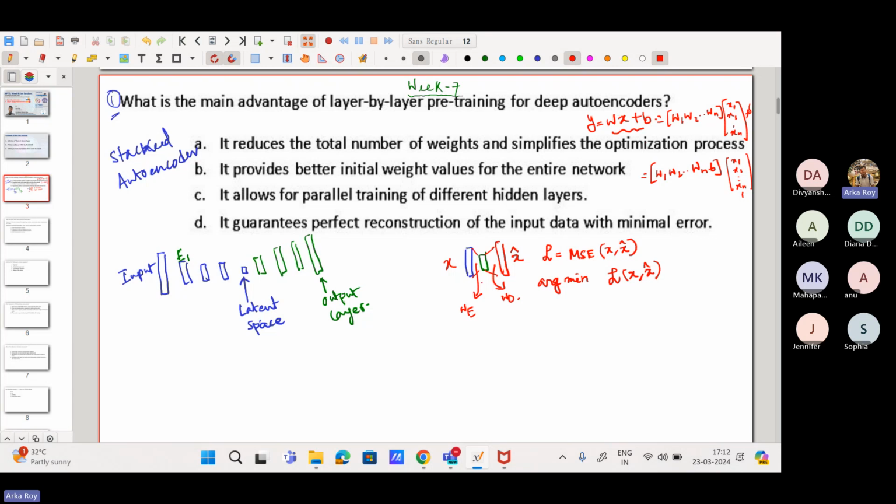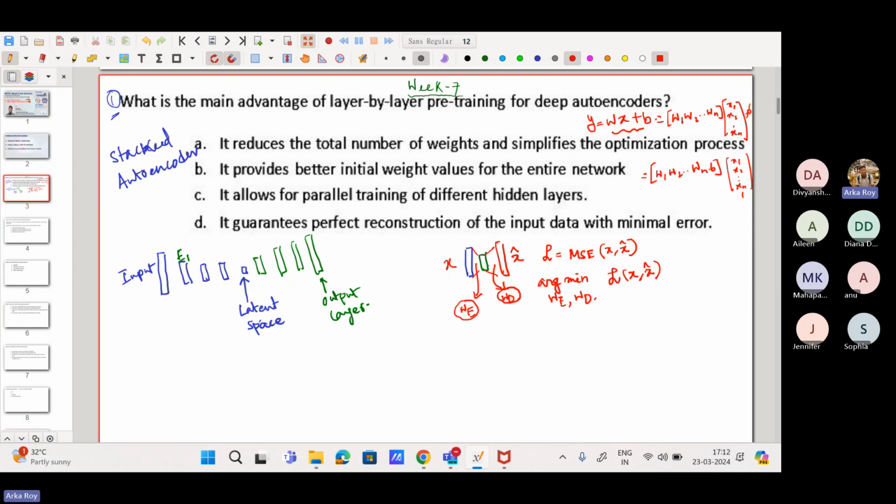Now, I'm considering that We and Wd already have the weight and bias terms absorbed inside these two factors. So arg min over We, comma Wd. These two have to be optimized by minimizing this particular loss function, which refers to the MSE between input and output.